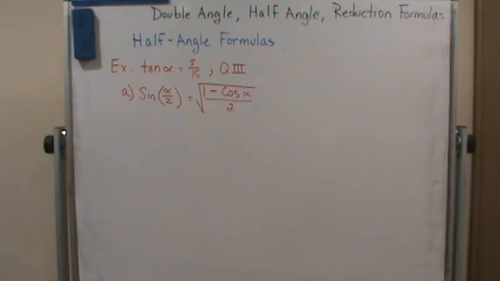Again, we know that alpha is between 180 degrees and 270 degrees. So alpha over 2 is going to be between half of those.